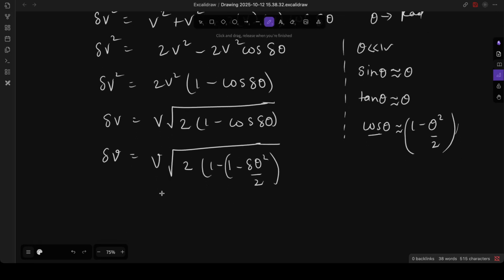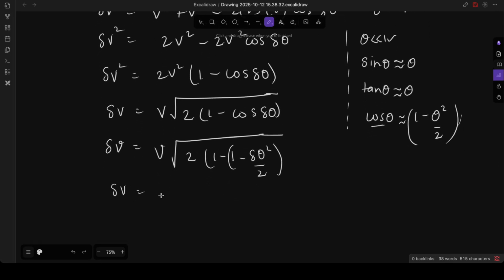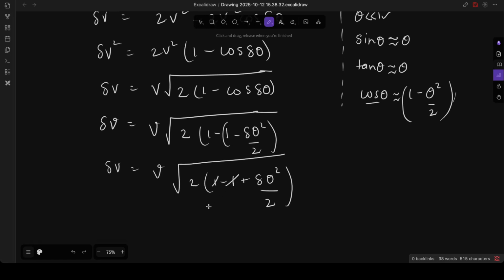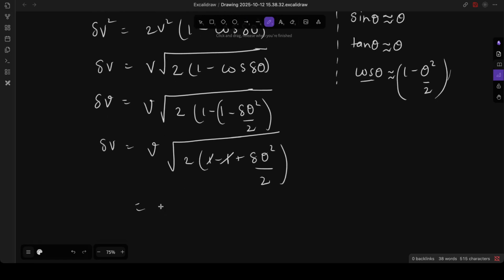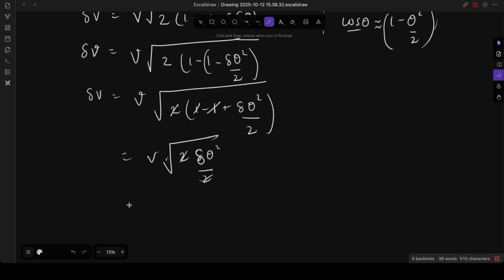Now if I open the bracket and go on solving this, I'll get v is equal to under root 2 times 1 minus, this will become negative, negative negative becomes positive, delta theta square upon 2, and minus 1 plus 1 goes away, and we are left with 2 times delta theta square upon 2, and this is under root delta theta square, so I get v times delta theta square, delta v.